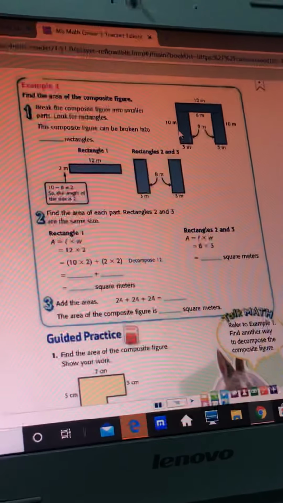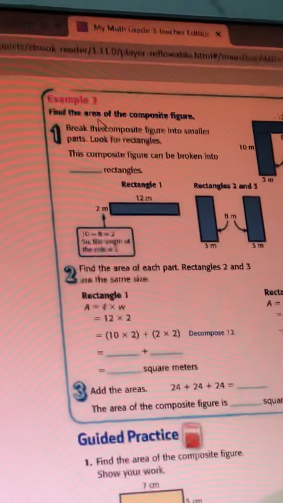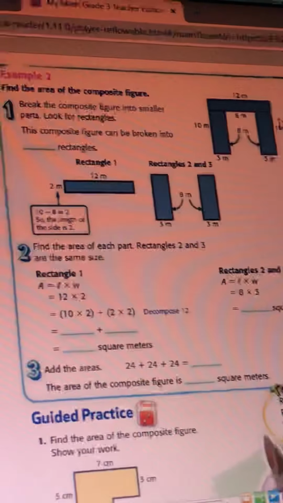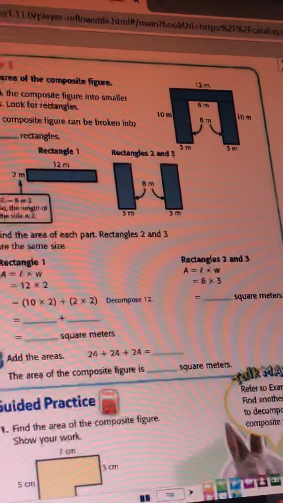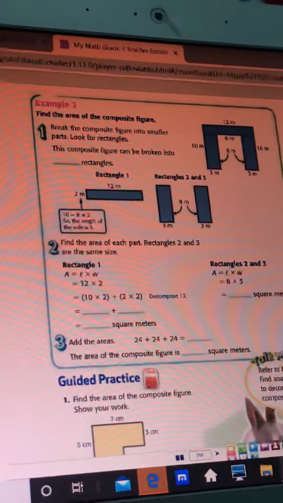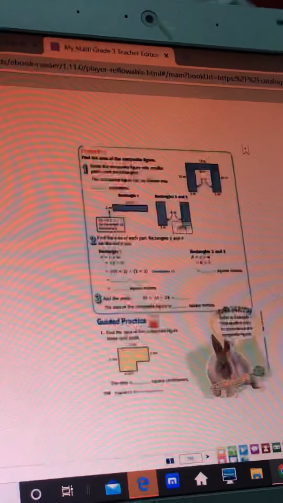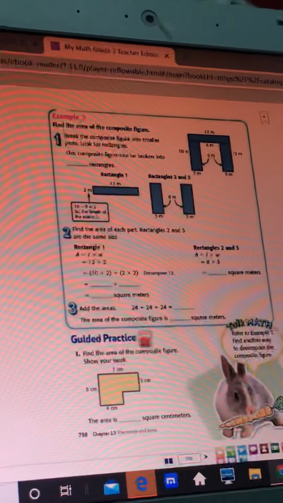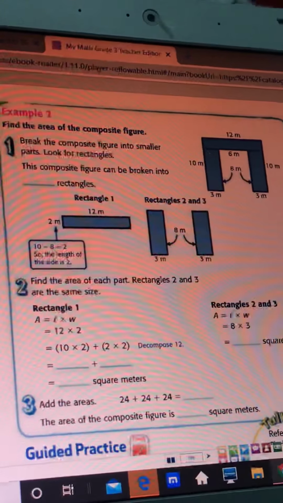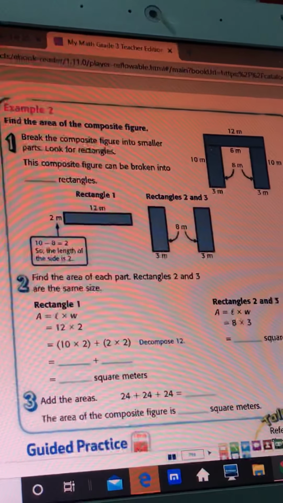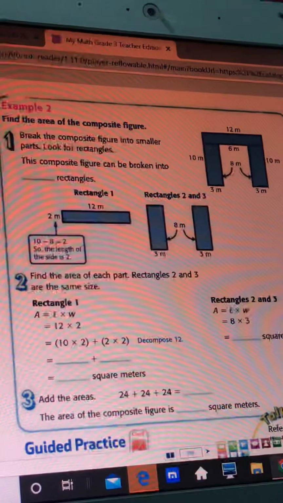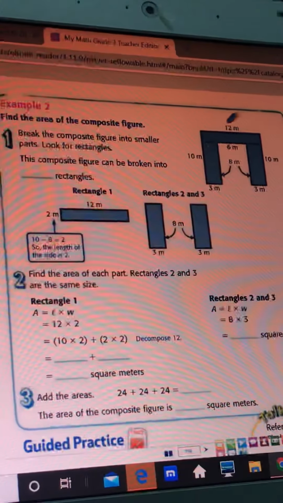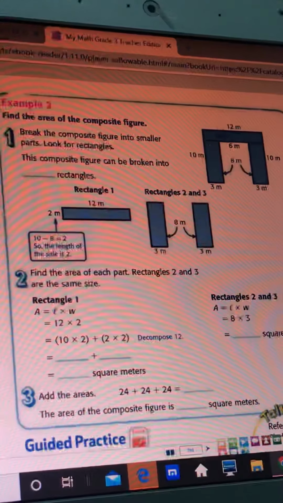For this figure, find the area of the composite figure. So this is the composite figure on the right. What we will do here is decompose the rectangle. That means we will try to separate the rectangle. That's what we say decompose. As you can see, the first rectangle is the one on top.